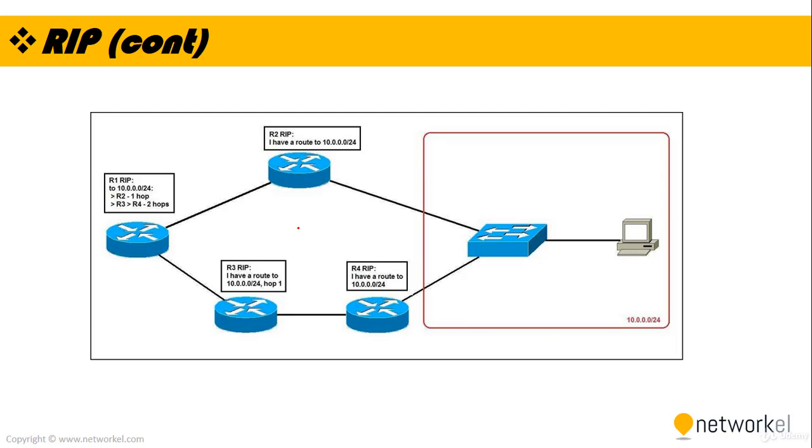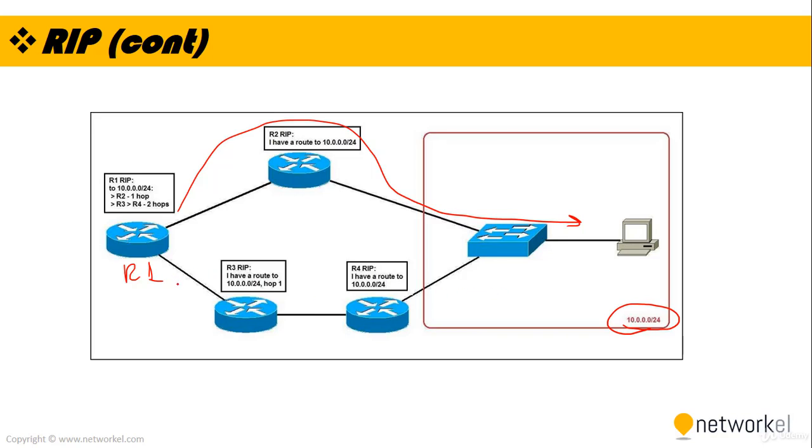For example, as you can see on the screen, if you want to reach the 10.0.0.0 network from router 1, the best path will be the path above, because we use just one hop to get to the destination.